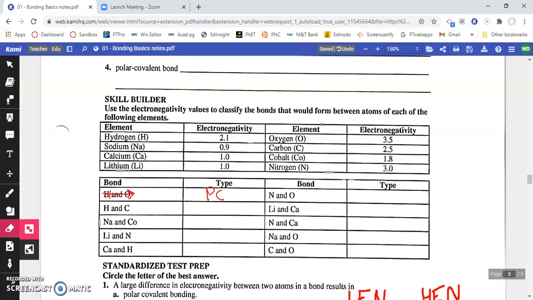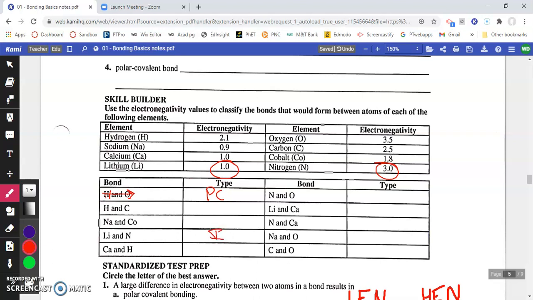Now if we look at lithium and nitrogen, lithium has a 1.0 value. Nitrogen has a 3.0 value. That means that 2.0 is going to be your difference. So you're going to be ionic. Okay?